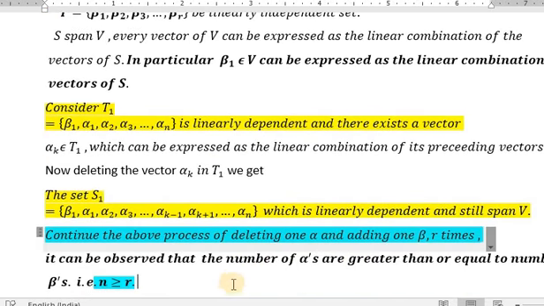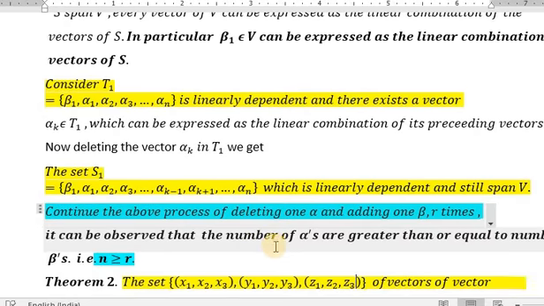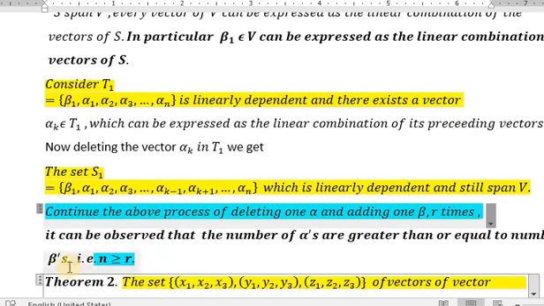Then it is observed that the number of alphas is greater than or equal to the number of betas. See how many alphas we have removed and how many betas we have included, which will always be greater than or equal.